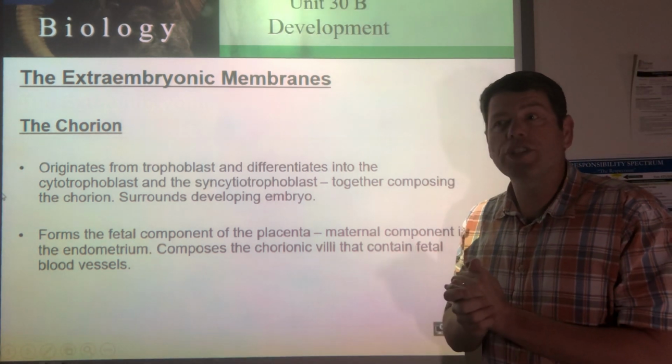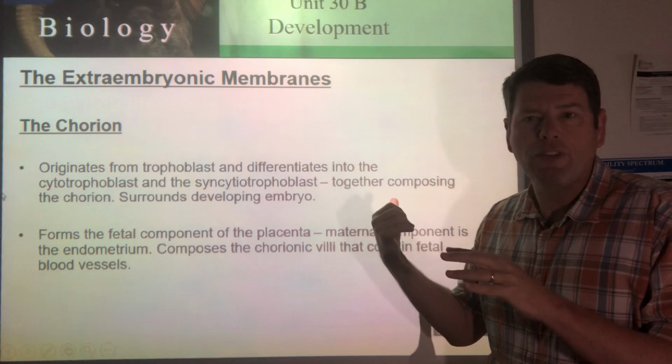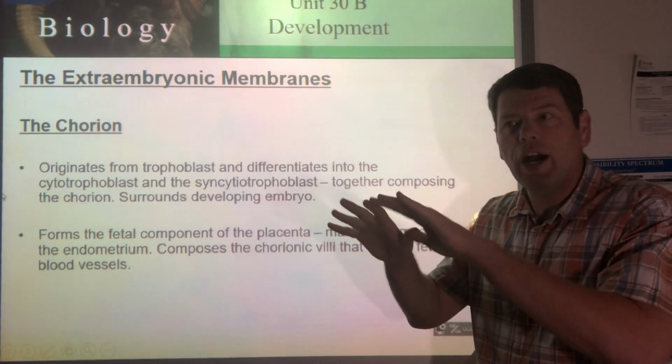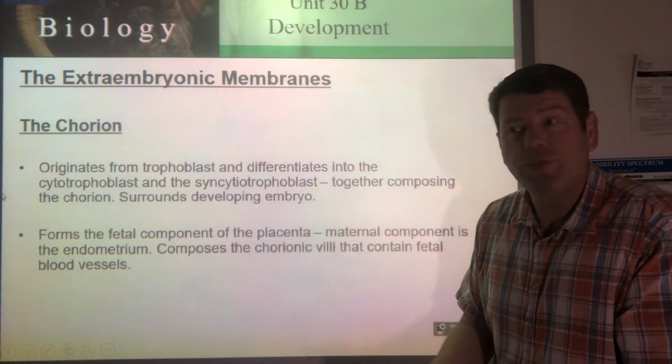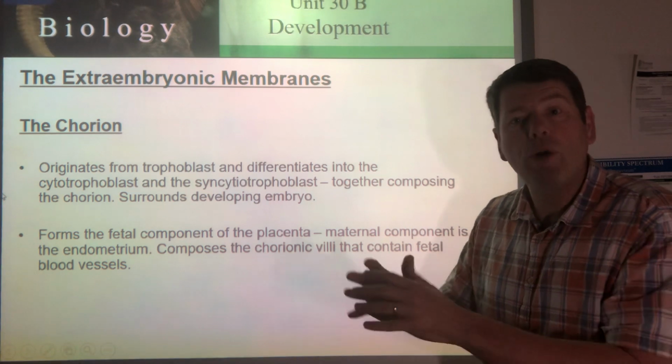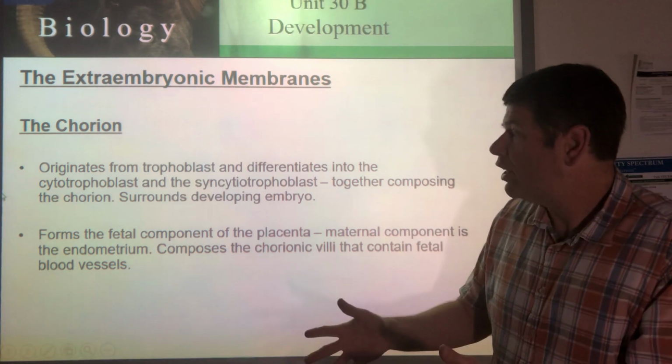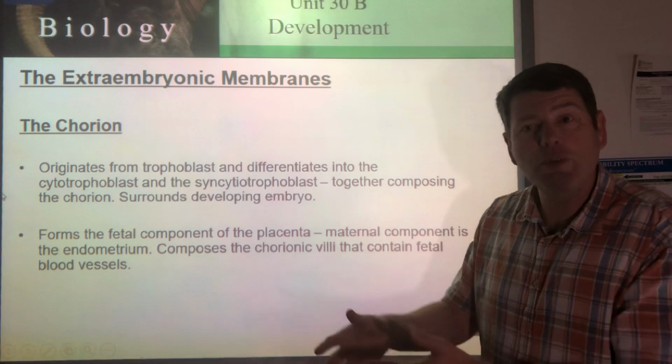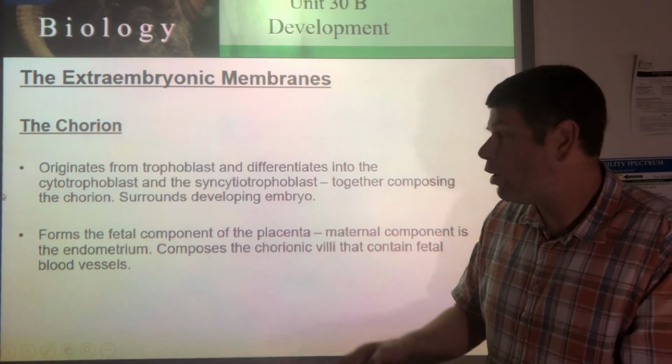So we're going to be talking about the chorion. So guys, the chorion is the outer layer of cells of the growing embryo. And these are going to mesh with the mother cells of the endometrium to eventually form the placenta.